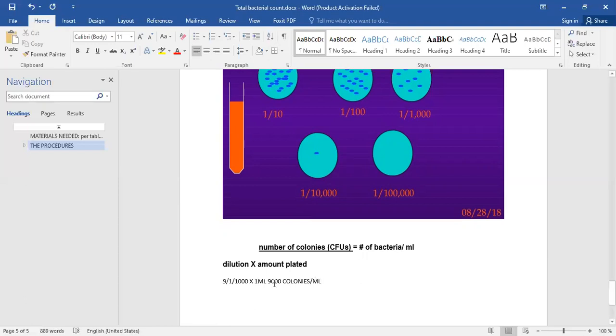So by calculating this formula, we can conclude that this is our colony forming unit. The 9000 bacteria are found in a single ml of this plate. So this is the colony forming unit.